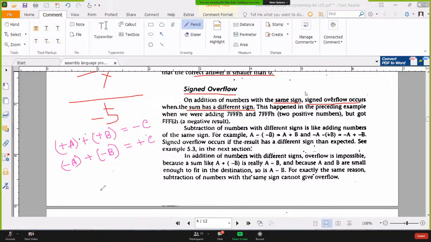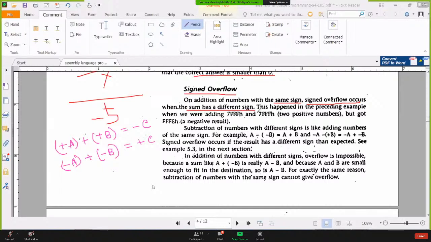Why? I added two negative numbers. How can I get a positive result? That is not possible in the normal case. That is only possible for signed numbers. So that is what it said actually: on addition of numbers with the same sign, signed overflow occurs when the sum has a different sign.